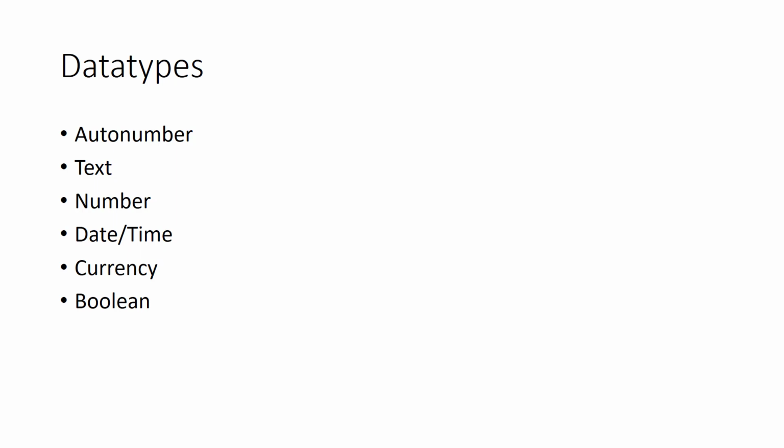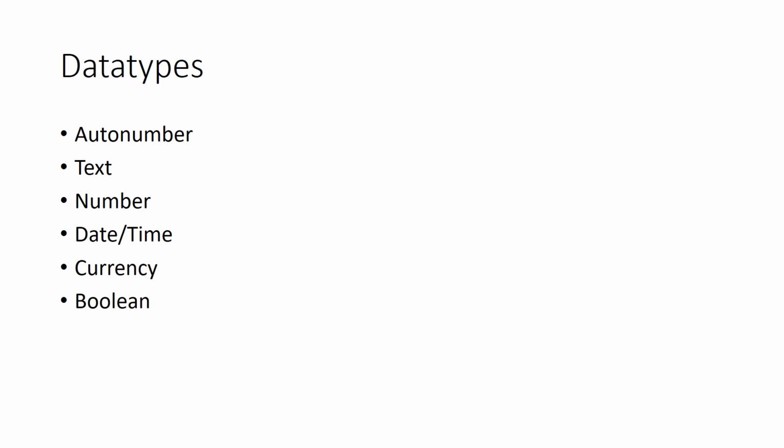Before we even start creating our tables, we need to think about what data types are and how we're going to use them. Databases are very good at looking at data in different ways. Information that goes into a computer, we can store in different ways.